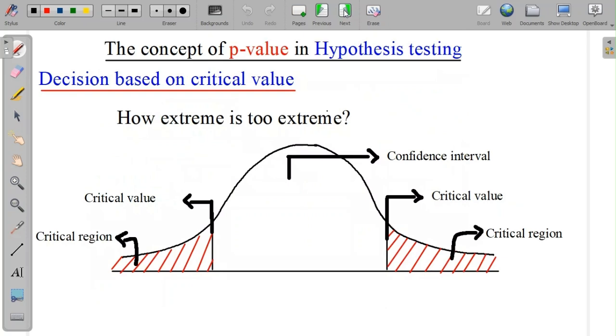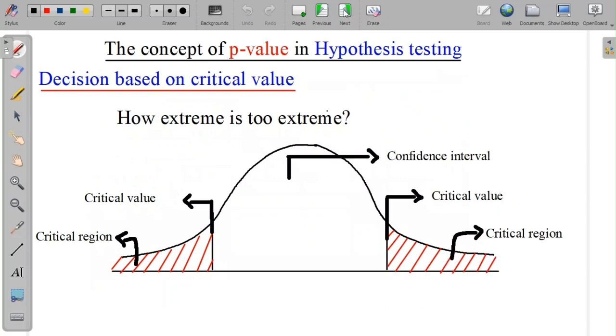To give you a recap, the general procedure of hypothesis testing depended on finding the value of the test statistic and its comparison with the critical value. We decided on the critical value, the critical region and the confidence interval, and that helped us identify how extreme the test statistic can be, or how far away the test statistic can be plotted on the graph.